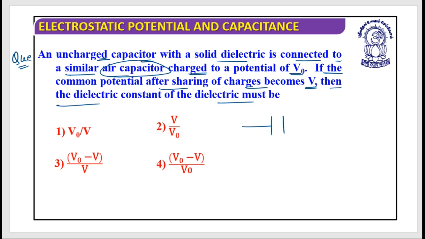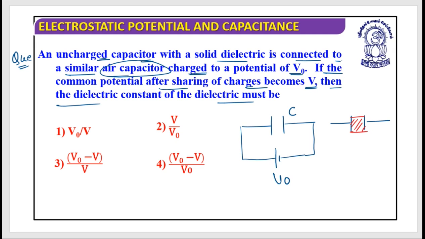According to them, one of the capacitors is there. Let's assume that it is C, being charged with a potential of V naught. Yes, and another capacitor is there, but it has been filled with the dielectric. That means something like this.